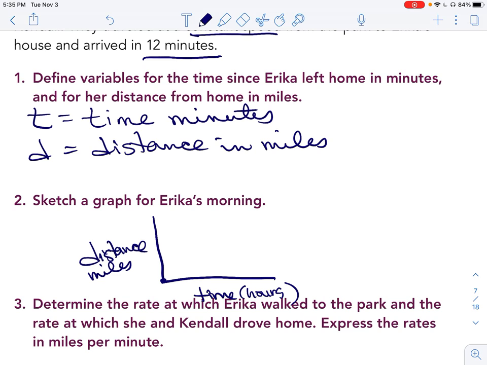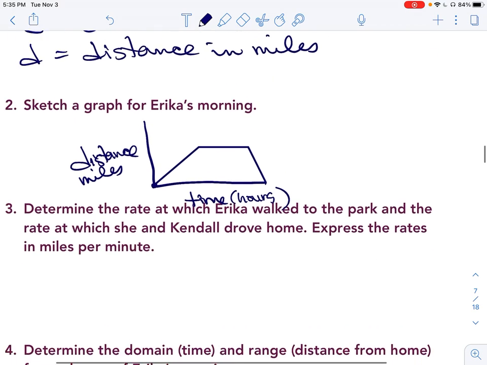Oops, I meant this, not this. Okay, so she walked at a steady rate, and then she stayed still for a little while. Well, she stayed still for longer than that. And then she caught a ride home, which is much faster than walking. Okay, so it should look similar to that maybe.